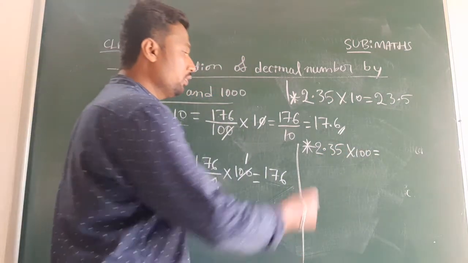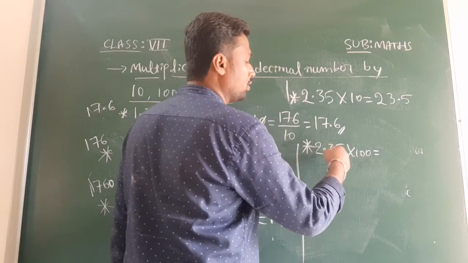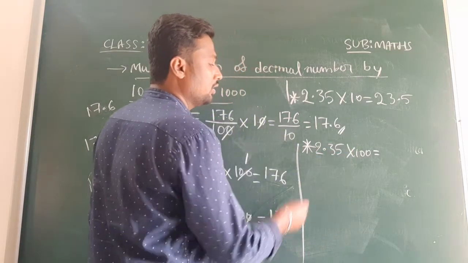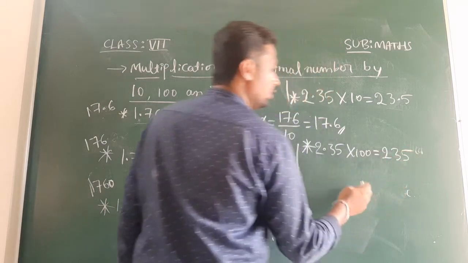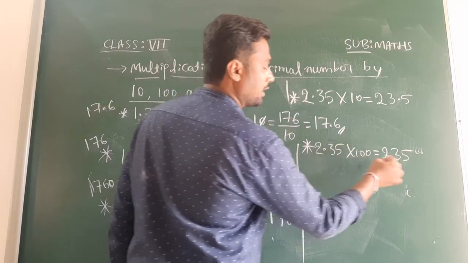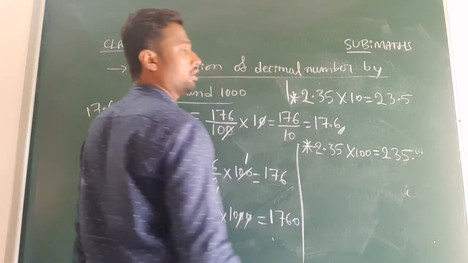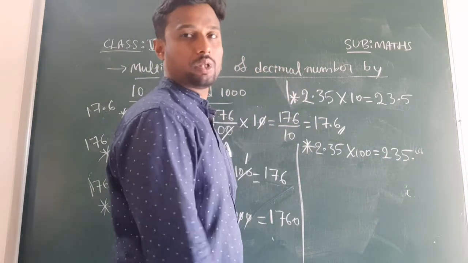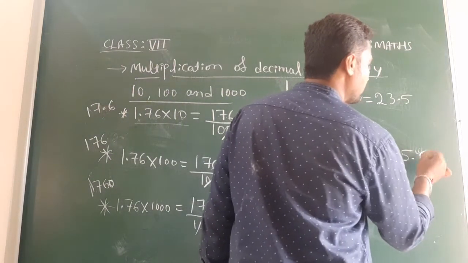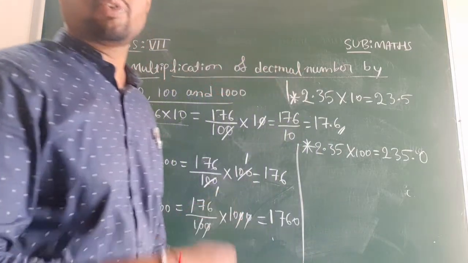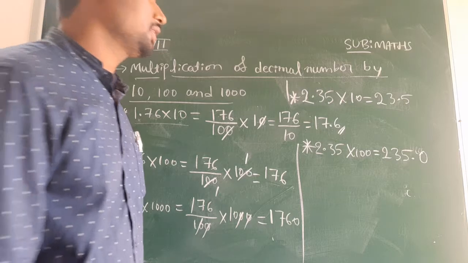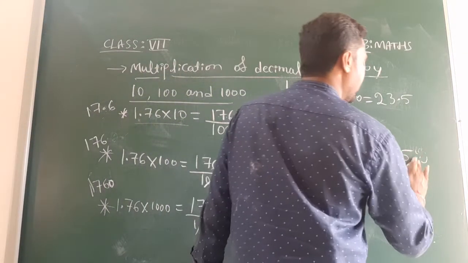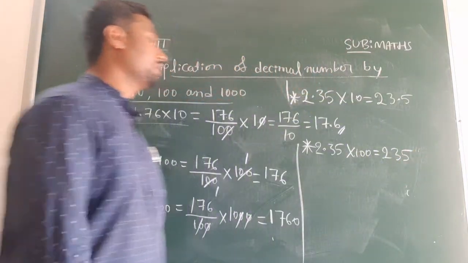If you do that, what will you get? 235. After that 235 you will get the decimal point. Then you will consider 0 here. You don't have any value, so we will consider 0. So that is 235.0, or you can just write it as 235.